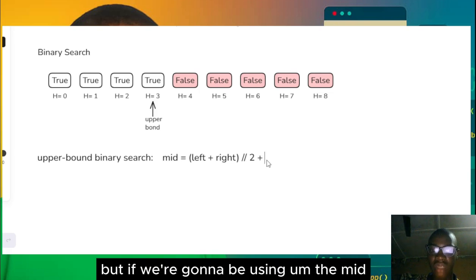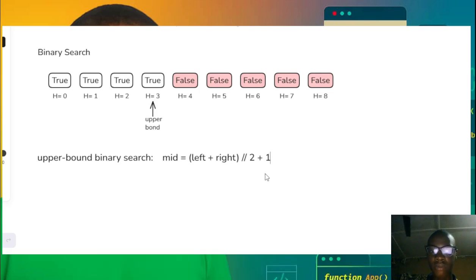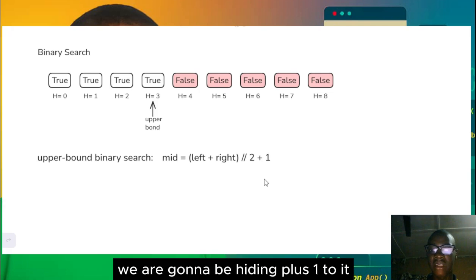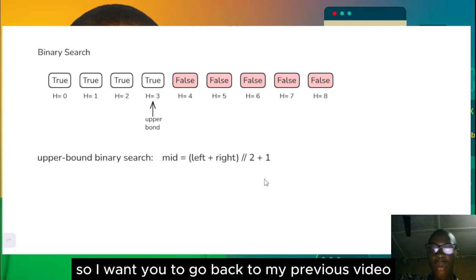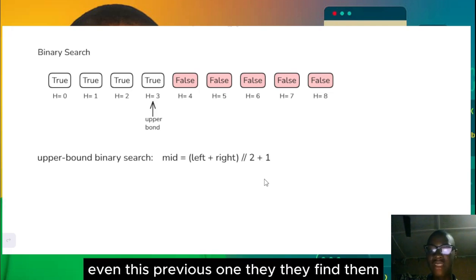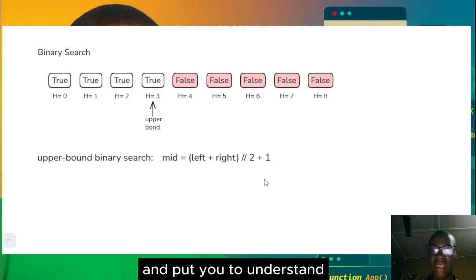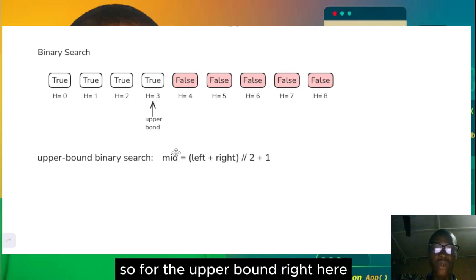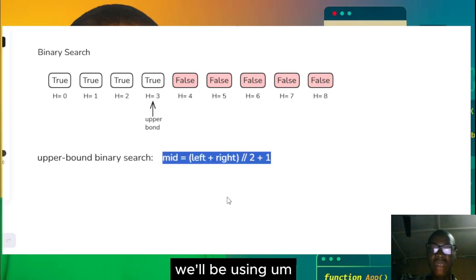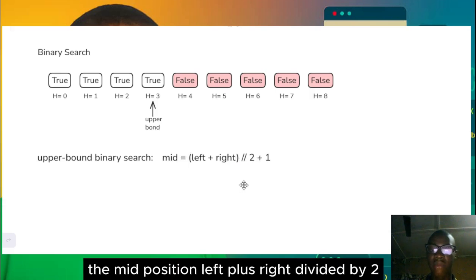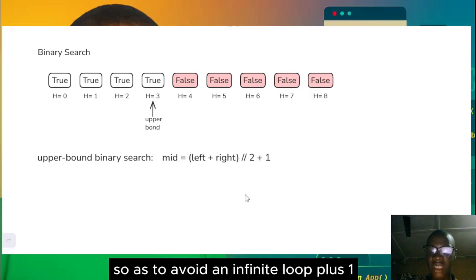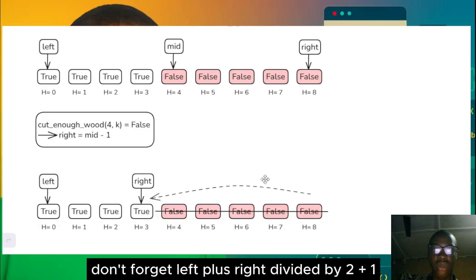But if we're using the upper bound, we are going to be adding +1 to it. So I want you to go back to my previous video, the find the first and last occurrence of the number, which is going to help you understand what I'm trying to talk about here. So for the upper bound right here, we'll be using the mid position, left plus right divided by 2, +1, so as to avoid an infinite loop. Don't forget, left plus right divided by 2 +1.